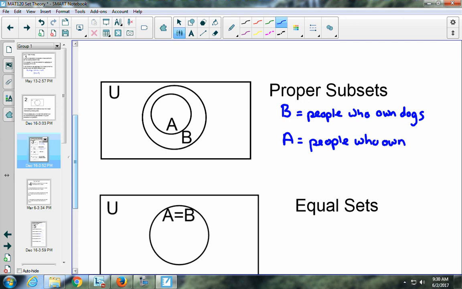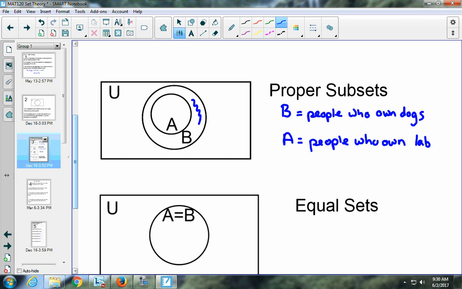So let's say a lab. Then it's a proper subset, right? Everybody in set A still fits in set B. They own a dog, but it's a smaller group. Because all of these people outside here would still have dogs, but would have other breeds, like retrievers or poodles or mutts. They would all be out there, but still in set B.